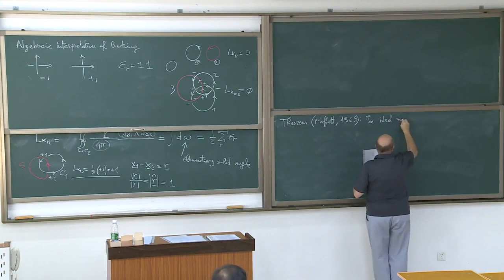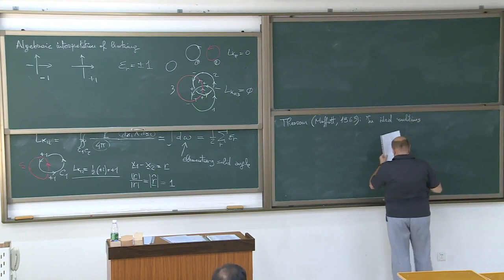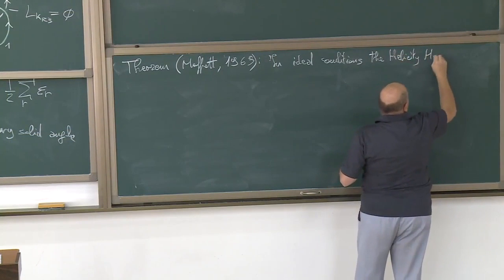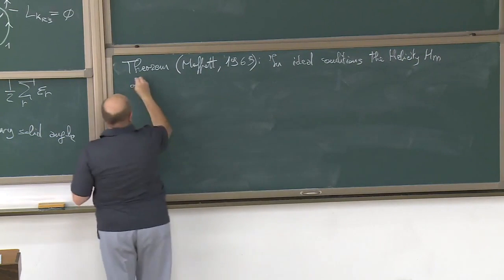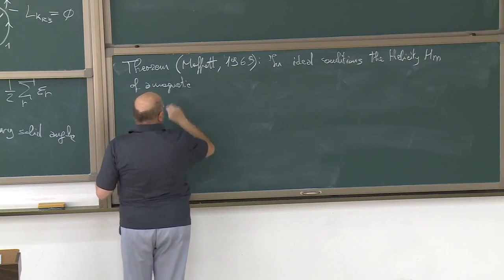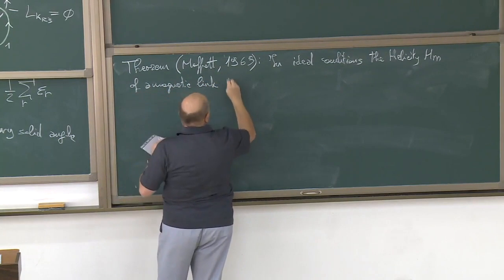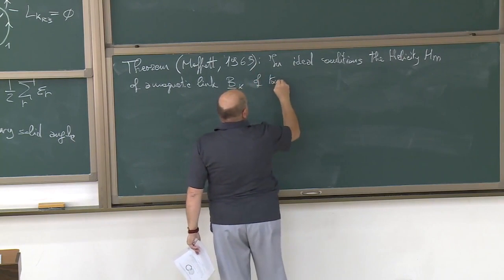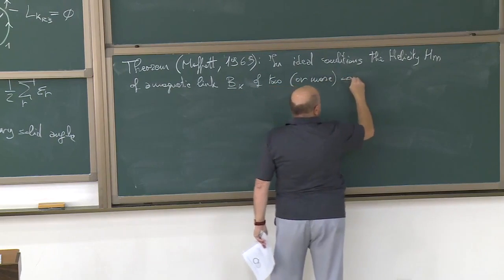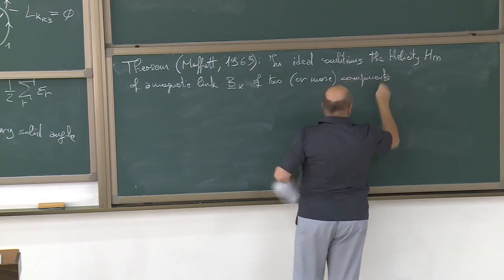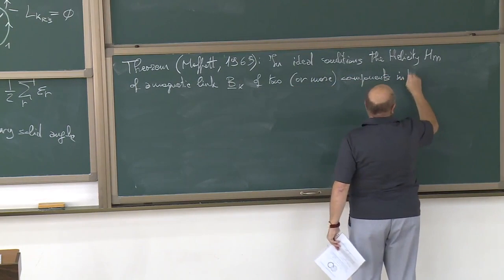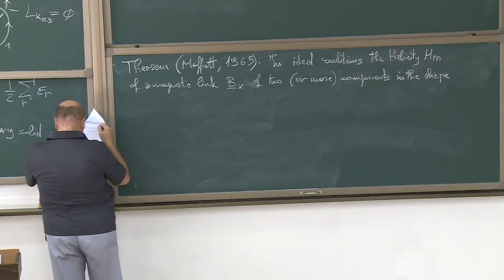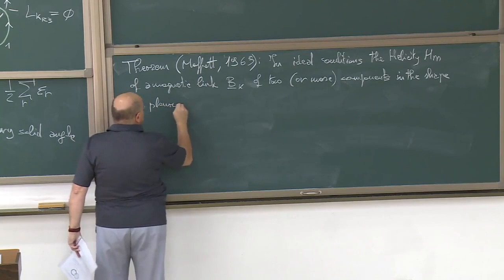In ideal conditions, the helicity H_M, we stick to magnetic field, of a magnetic link, let's say B, A, K, of 2 or more components in the shape, I will relax this in a moment, but now I need to say in the shape of planar rings.